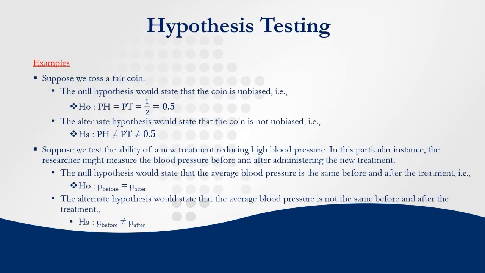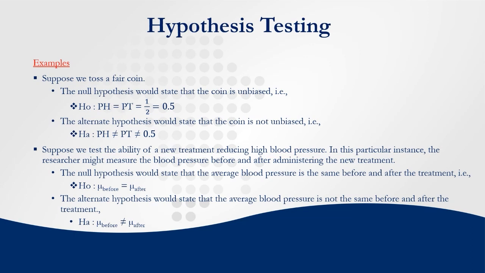So there are two examples here. If we toss a coin, it has two sides. It's either a head or a tail. If it's a fair coin, we expect that the probability of getting a head and the probability of getting a tail will be the same.